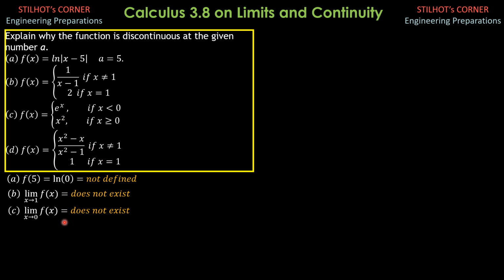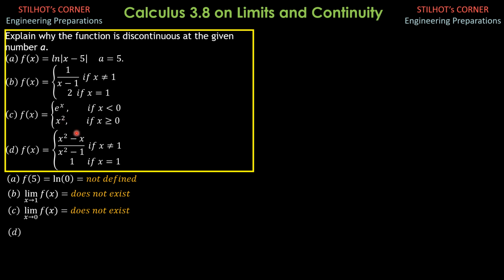The limit does not exist, as I said, because the limit of f of x as x approaches 0 from the left is 1, while the limit as x approaches 0 from the right is 0.000001 squared, which is 0, and 1 is not equal to 0. So that's why the limit of f of x does not exist.